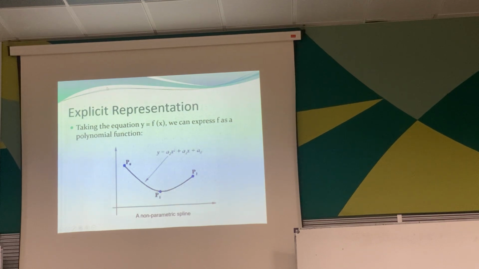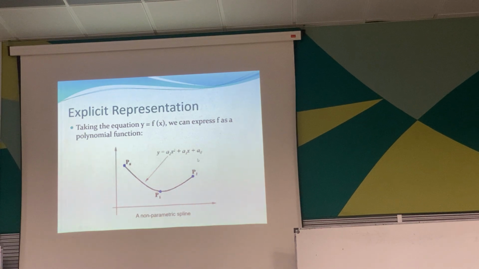An example of the curve is your polynomial function, like y equals a2 x squared plus a1 x plus a0, a polynomial to represent this curve. These points, point 0, point 1, point 2, are called nodes or control points.